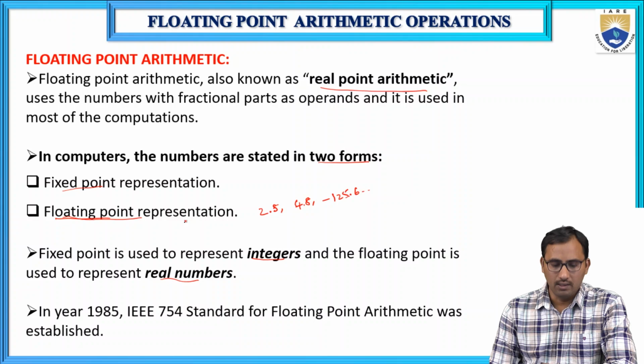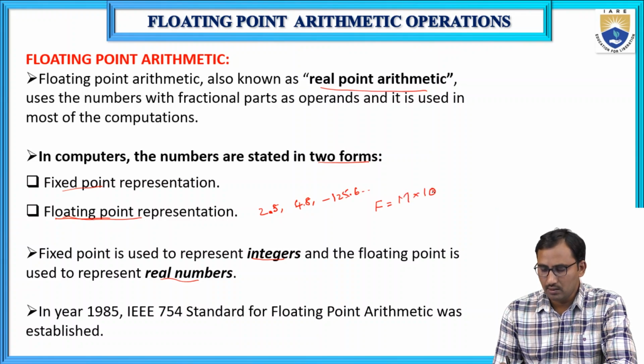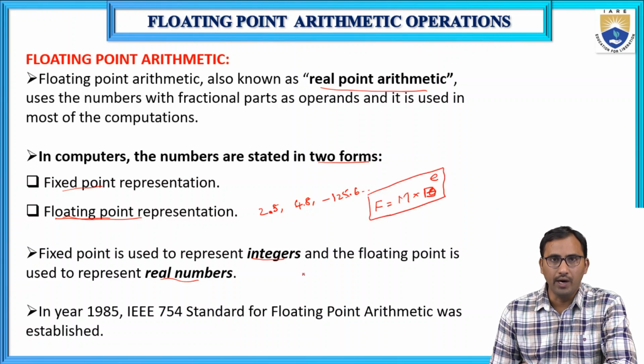Usually floating point numbers have a decimal point. In floating point representation, any number can be represented using three components: the sign of the number, the mantissa M, the base B, and the exponent E. This is the scientific notation of representing a floating point number.